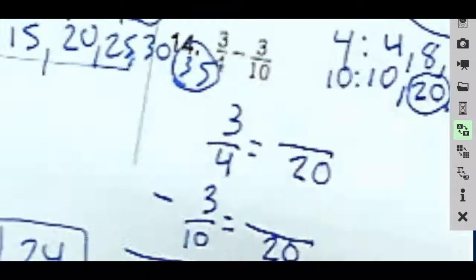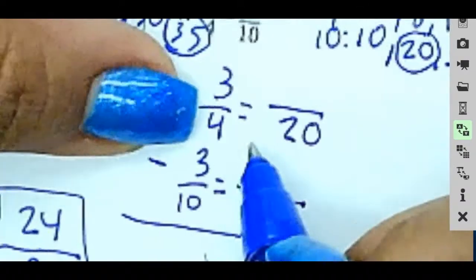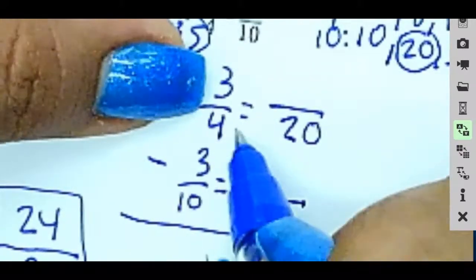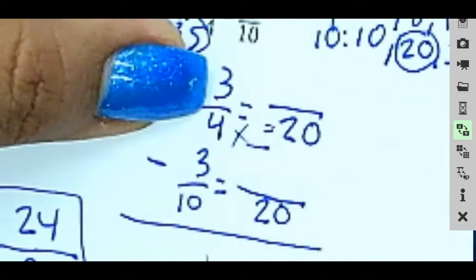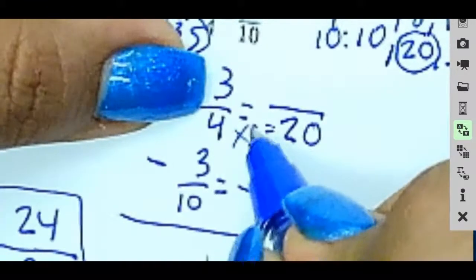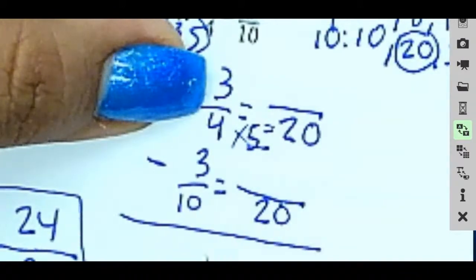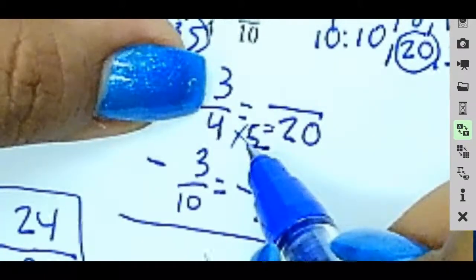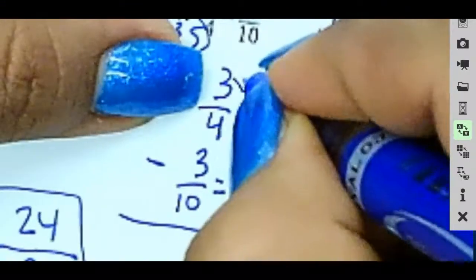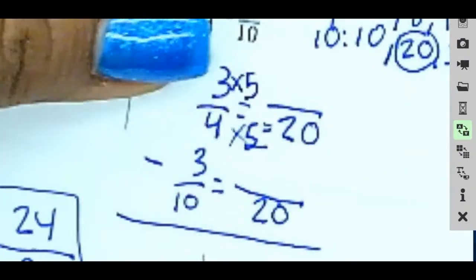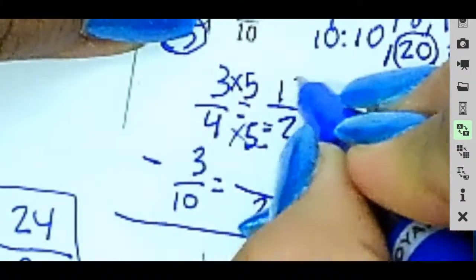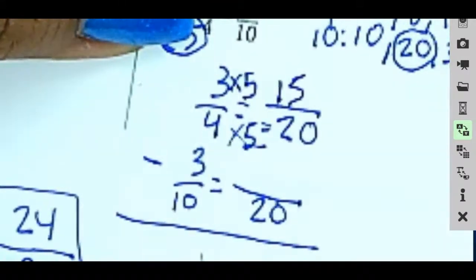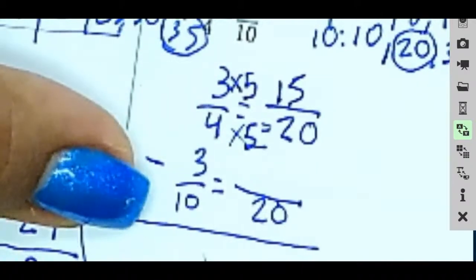Now I just need to find my numerator, and I do that by thinking, okay, 4 times what number gave me 20? So what's that number? 5, right? 4 times 5 equals 20. So if I multiply my denominator by 5, I need to multiply my numerator by 5. Okay, so what's 3 times 5? 15. 15 over 20.